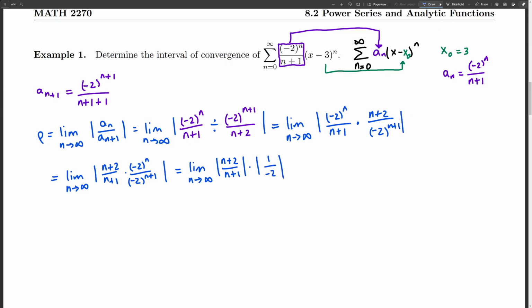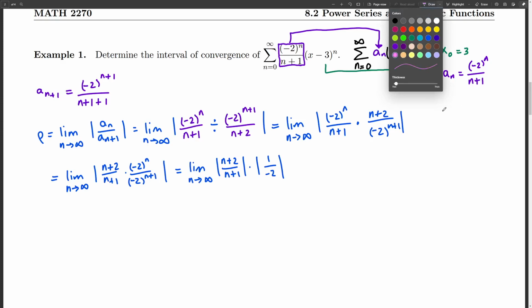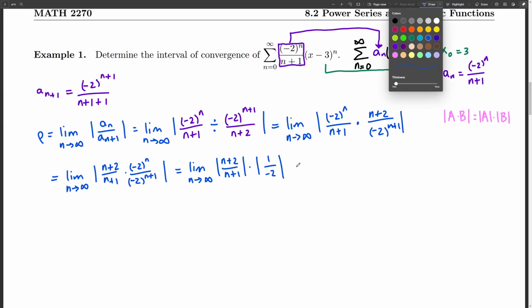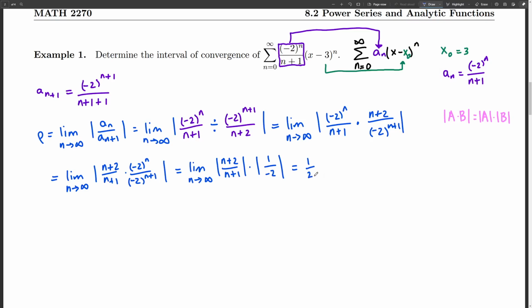What I'm using here on the side is that the absolute value of a times b is the absolute value of a times the absolute value of b. Now the absolute value of negative 1/2 is just 1/2, and that's a constant, so we can bring it outside our limit. So that's 1/2 times the limit as n goes to infinity of n plus 2 over n plus 1.